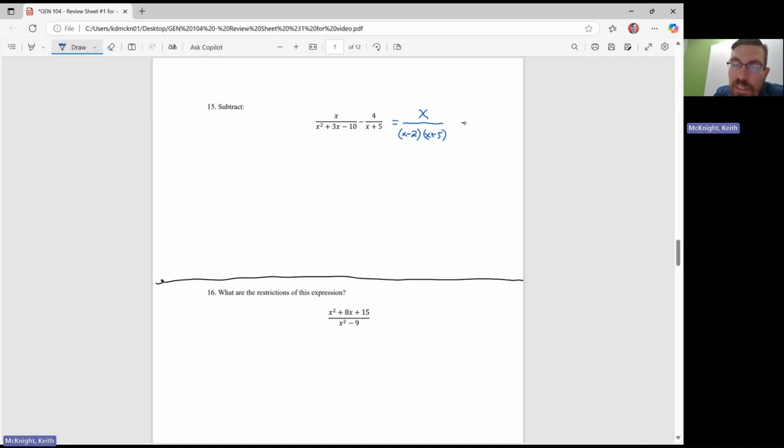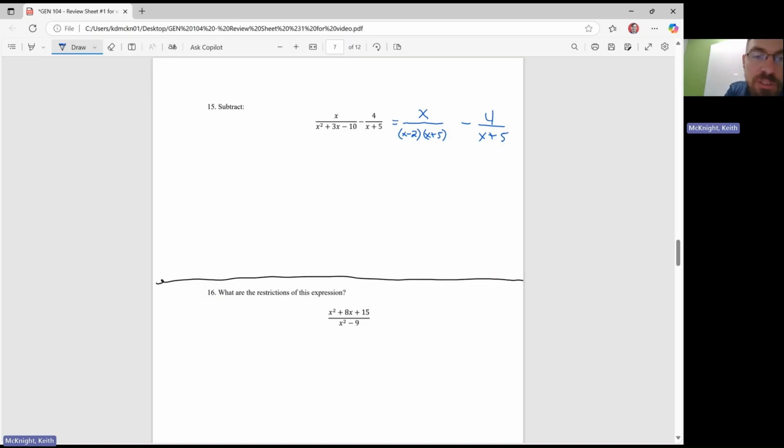Now that we have that factored, we notice our bottoms are similar, but they're not the same. Both of our bottoms do indeed have an x plus 5, but they don't both have the x minus 2 factor. So we're going to have to fix that.